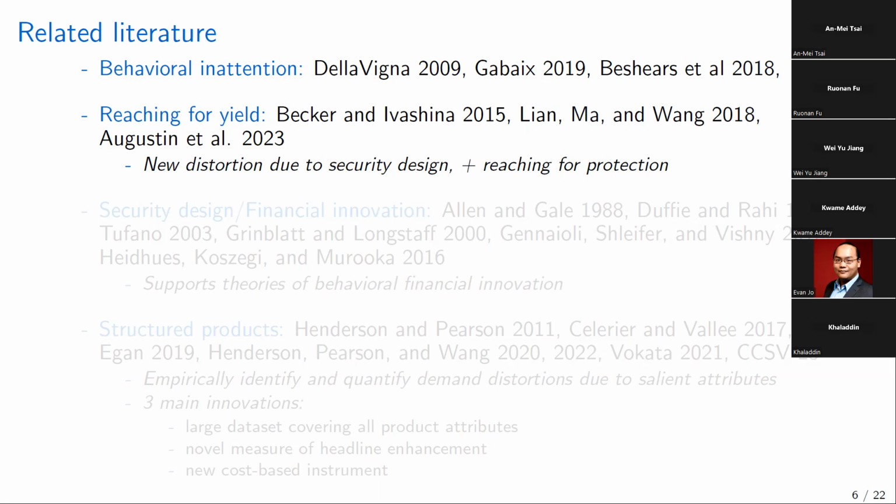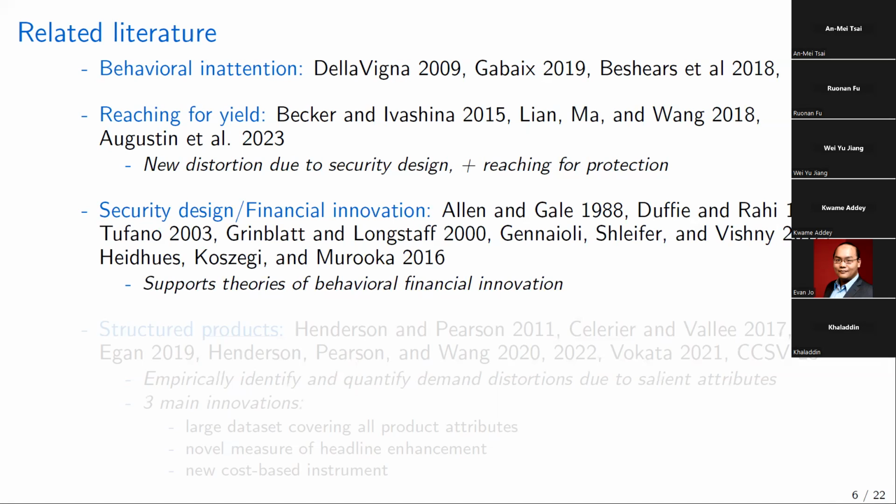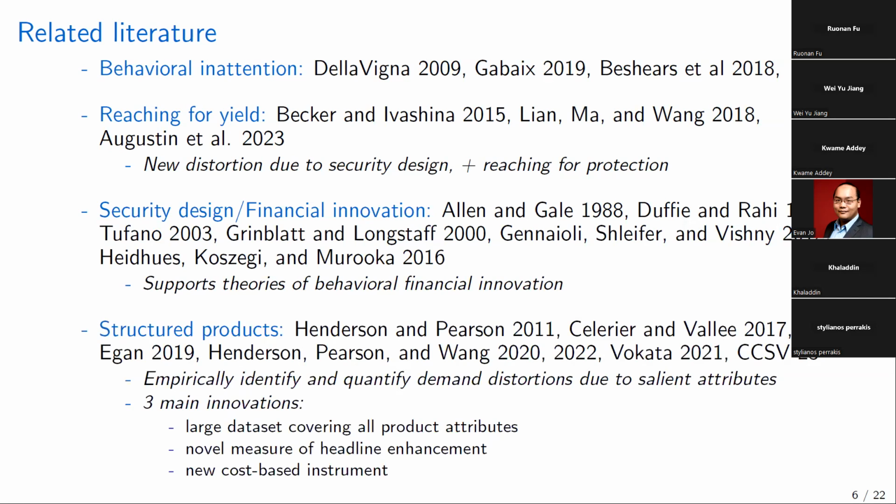It connects to the literature on financial innovation and security design. So my story would be supporting the theories of behavioral financial innovation. So here, optimal security design is not a result of whatever background risk or rational preferences, but it is a result of catering to investors who may be subject to behavioral biases. And obviously, the paper connects to this small literature on structured products.